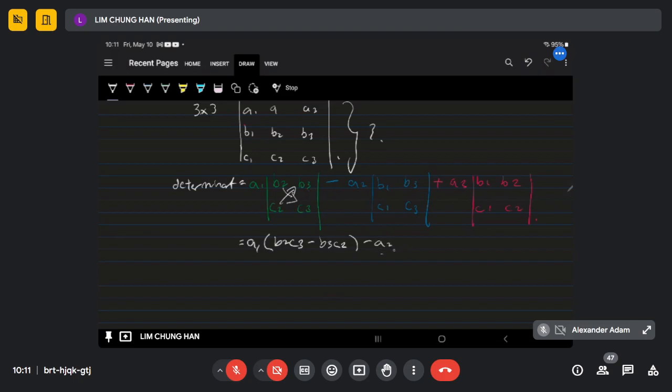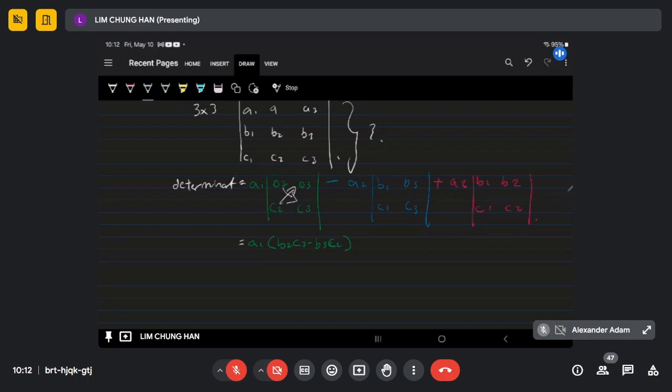And then A2. Let me do it in color. Okay, green first. So the green one, A1. So you multiply the determinant inside, B2 C3 minus B3 C2.